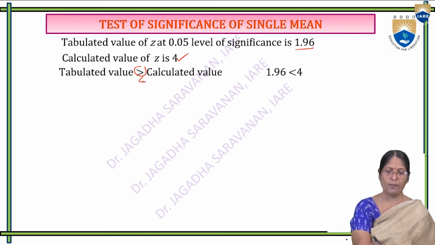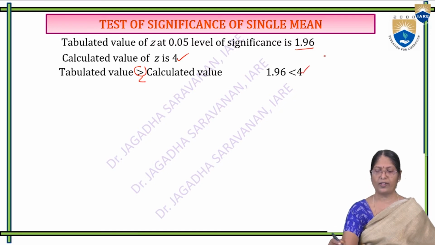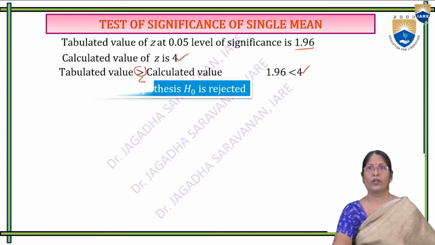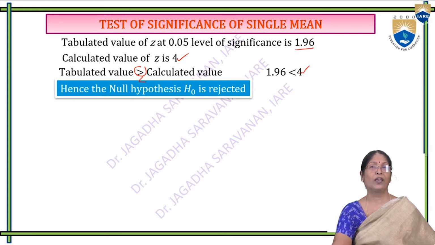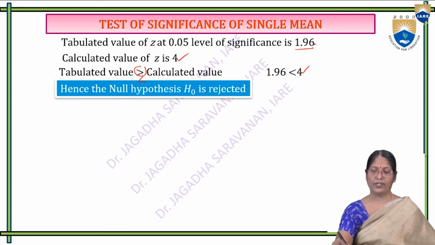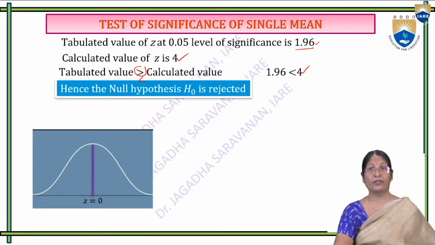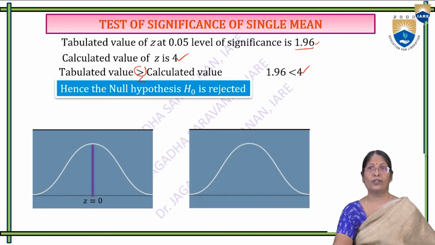Here it should be less than, and it is put correctly: 1.96 is less than 4. So the null hypothesis we defined, mu equal to 38, is rejected, because the tabulated value is less than the calculated value. This is the basic normal curve, and here we have to shade the two sides.